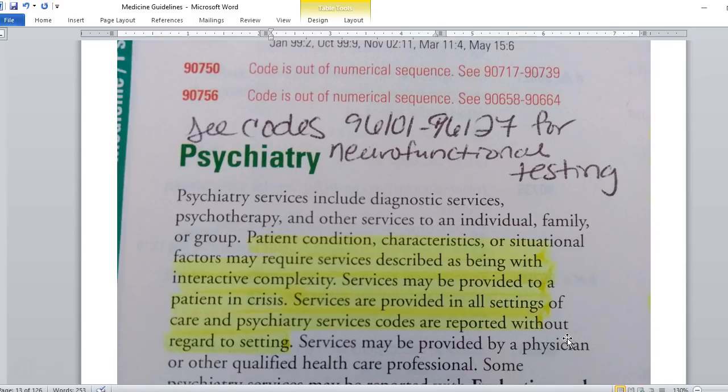And we're also going to see stuff like looking at aggressive behavior in teenagers, and also looking at different developmental and neurofunctional disorders as well. So those pair with these psychiatry codes. So if you're not finding the type of testing under psychiatry, look under neurofunctional testing.